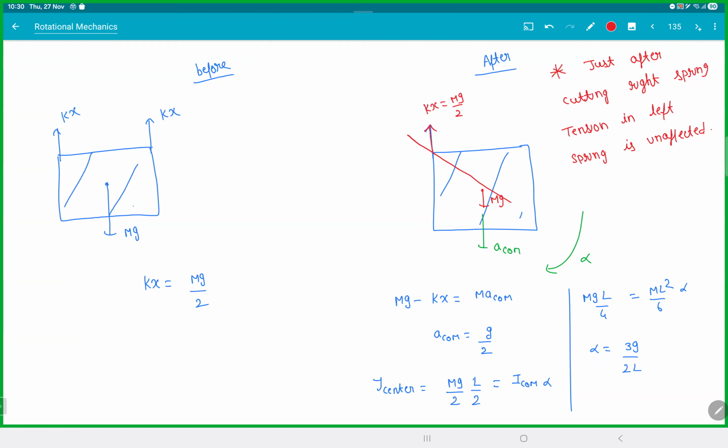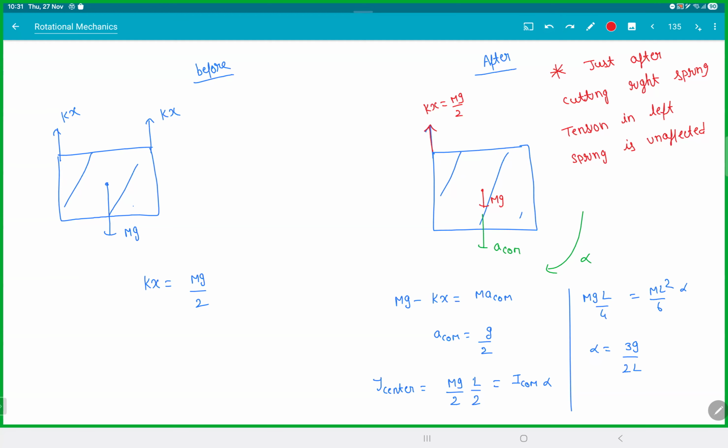You're saying you'll take a point somewhere here? Yeah, on that diagonal where both the torques of mg and Kx are equal. And then I assume that point to be in rotational equilibrium. But what is the guarantee that point is always at rest? Because the torques will act as a couple there.